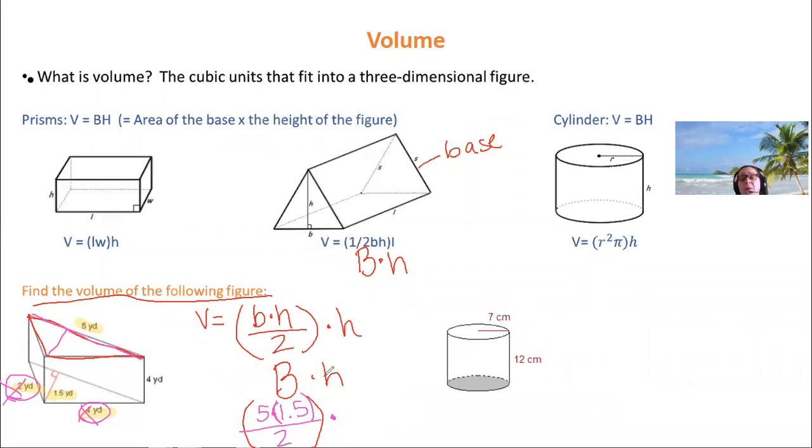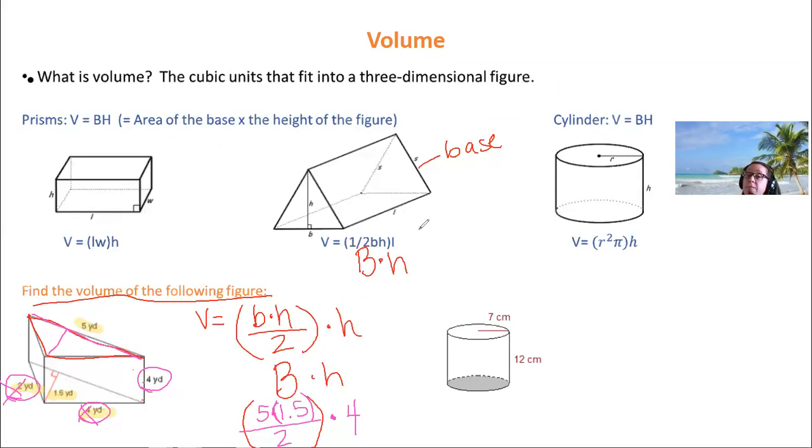I like the 1.5, but the 1.5 is on the base, so that wouldn't make it our 3D shape. Look at this 4 here. The 4 is what's between the two bases and gives it that 3D-ness. So whenever you're looking for a height, you're looking for whatever turns it into a 3D figure. So 4 would be my height.